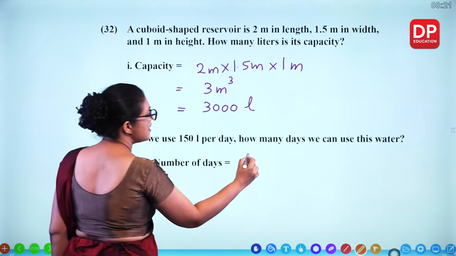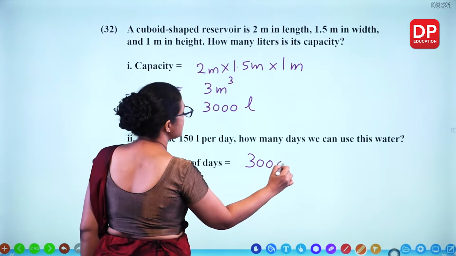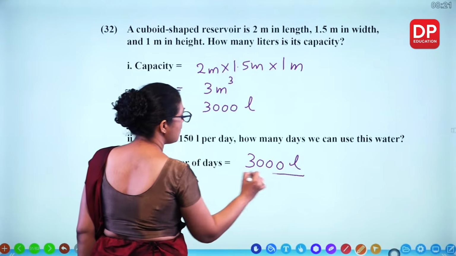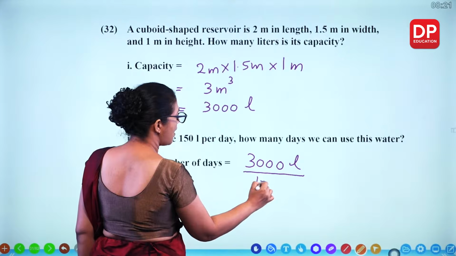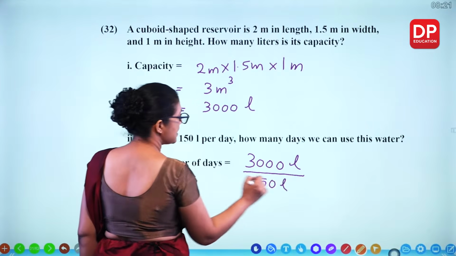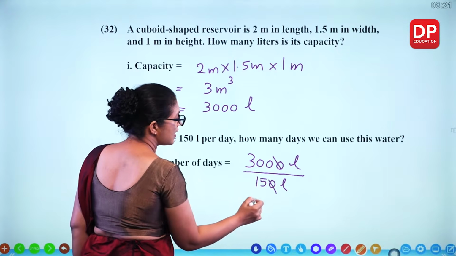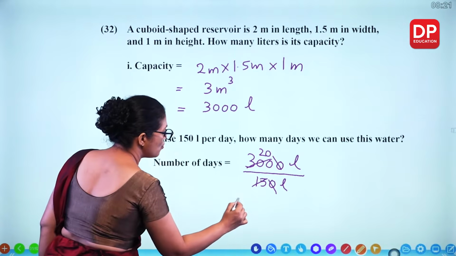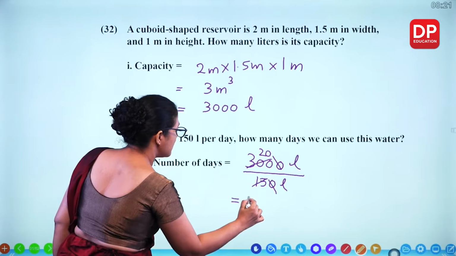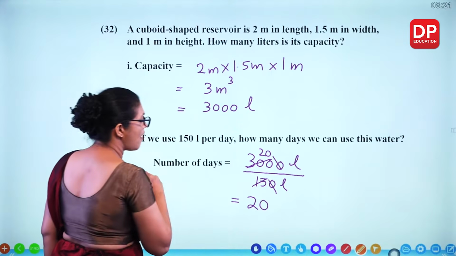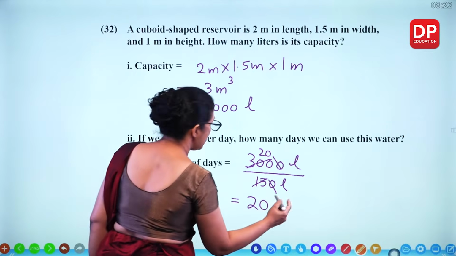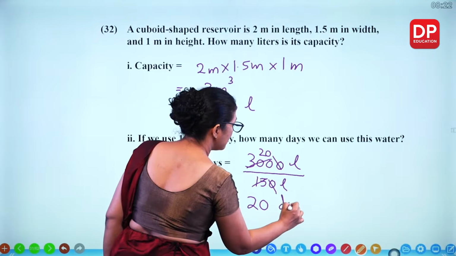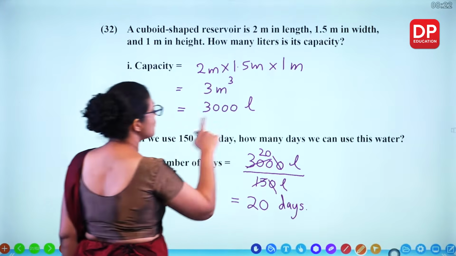Number of days is the total capacity, that's 3000 liters, divide by each day 150 liters. 10 get cancelled out, 15 times 2. So you can survive for 20 days with this water.